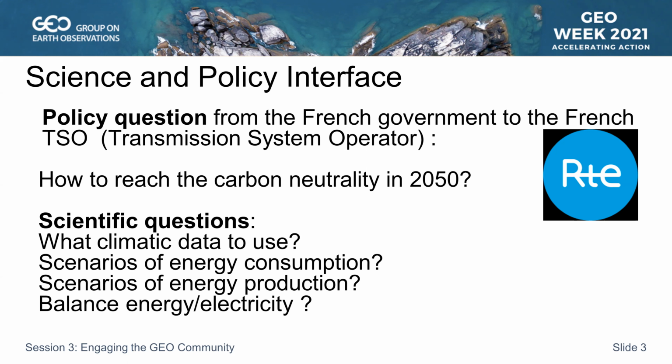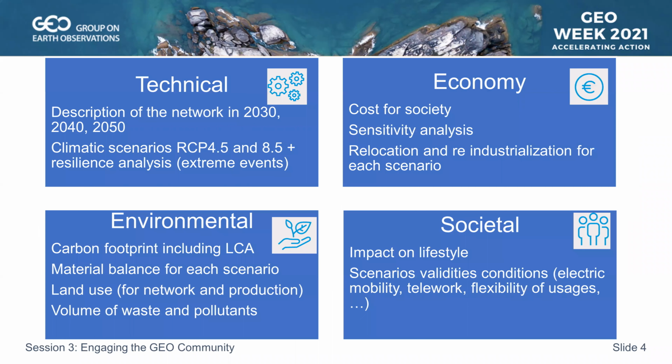This question has several aspects. The technical one: there is need for description of the network at different years and climatic scenarios, but in addition to this, also resilience analysis in order to take into account all extreme events that can occur. An economic aspect, of course, about cost for the society and also reindustrialization for each scenario.